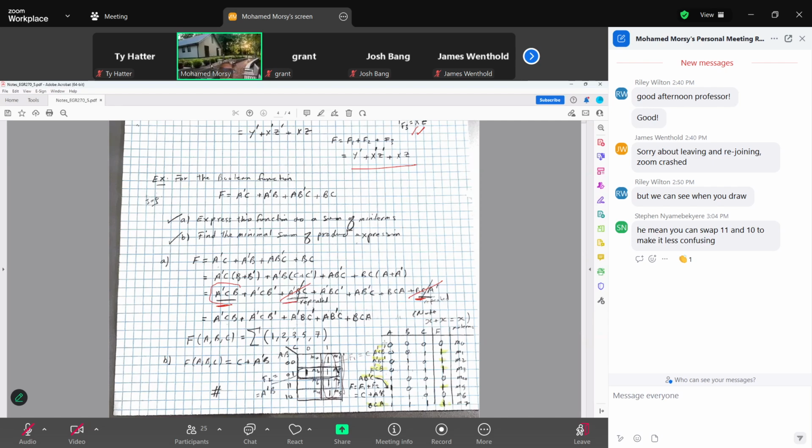To draw the Karnaugh map correctly, we should start from A, B, C, or X, Y, Z, like this, and put 0, 1, 0, 1, 0, 1, then 0, 0, 1, 1, 0, 0, 1, 1, and then 0, 0, 0, 0, 1, 1, 1, 1. Double the zeros and ones with every movement from one variable to the next one. Then put F.